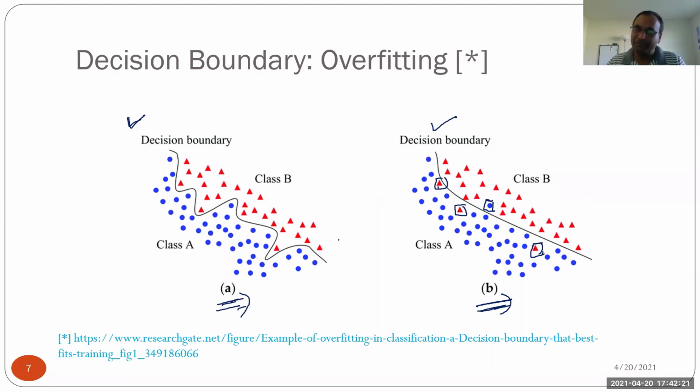So if you pay too much attention to each data sample in training, then what will happen? You may end up learning a too complex classifier, too complex a decision boundary, which perfectly aligns with the Occam's razor concept. We will always prefer the simpler decision boundary.